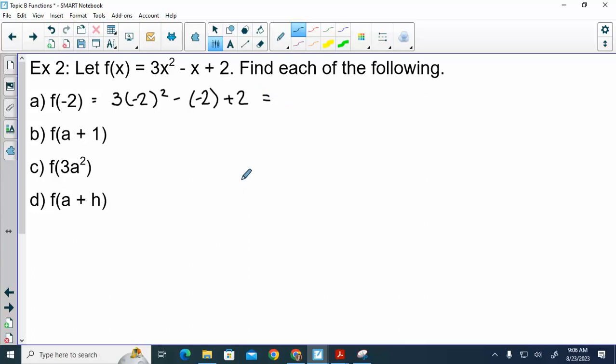So we're going to use them if we need to. So -2 squared would be 4 times 12 minus negative, so plus 2. Plus 2. So we get a 60.